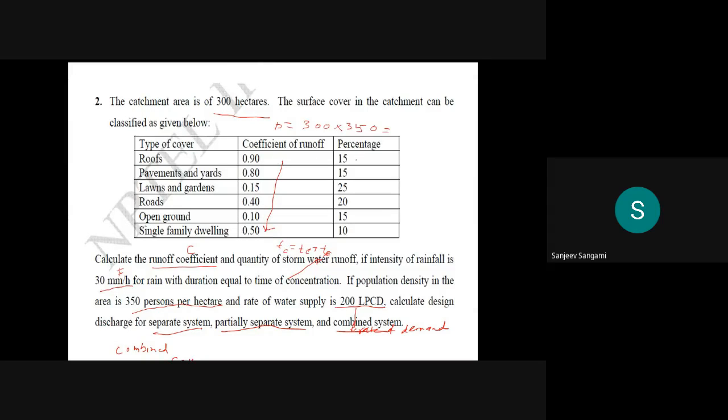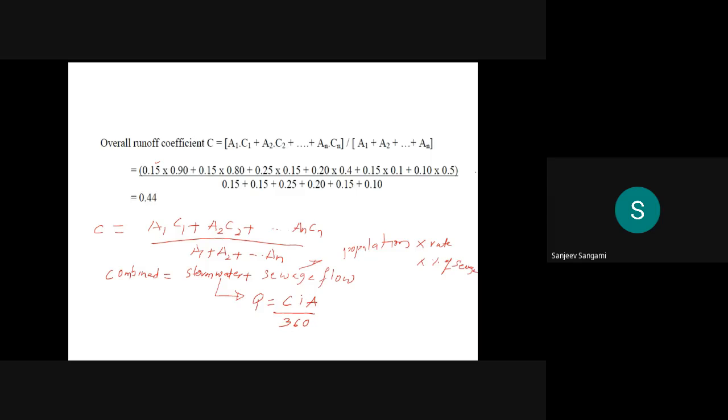So 15 divided by 100 gives you 0.15, multiplied by the coefficient, that is 0.9.